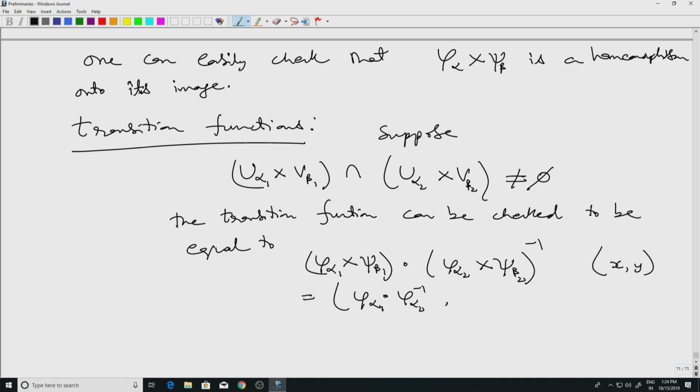Now this time (x, y) would be a point in R^n1 cross R^n2 rather than the manifold, since the domain of a transition function is an open subset of Euclidean space. So I have to start with (x, y) here. This n2 did not come out properly, so let me write it like this.